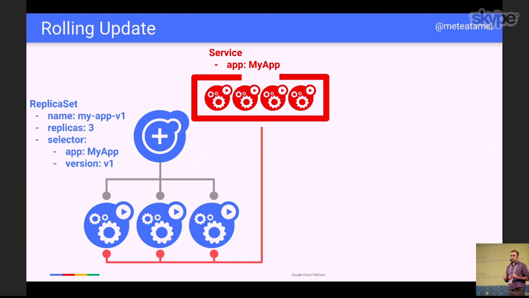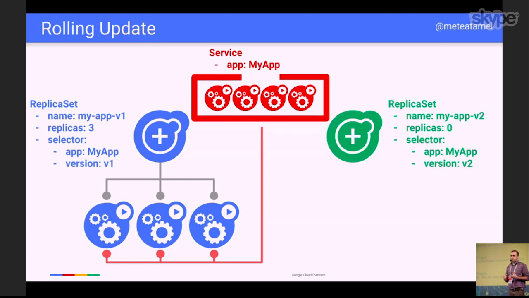For example, in this case, we have a replica set that has 3 replicas and version 1. When you tell Kubernetes to do an update to version 2, it creates a new replica set with the new version. Then it creates a new pod, and this pod is being serviced by the same service because it's using the label app my app, and this service is also using that selector. So at this point, we have sort of a canary deployment.